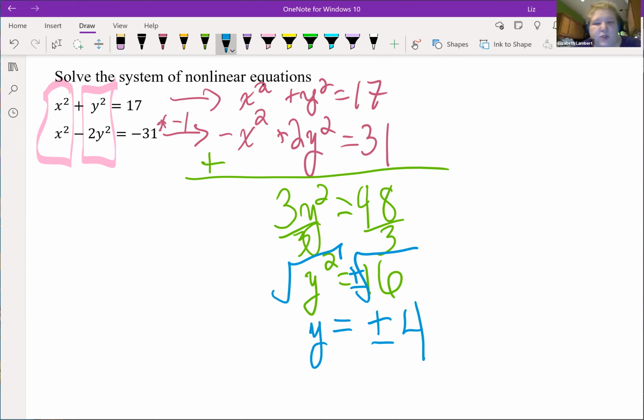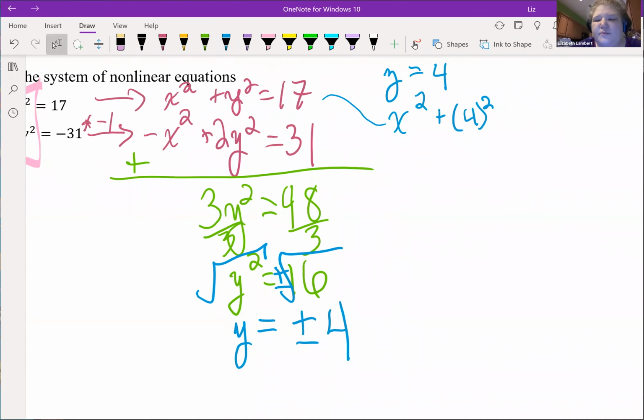Okay, so looking at the equations, I like the first one a little better. So we're going to start with y equals 4. And in the first equation, that gives us x squared plus 4 squared equals 17.